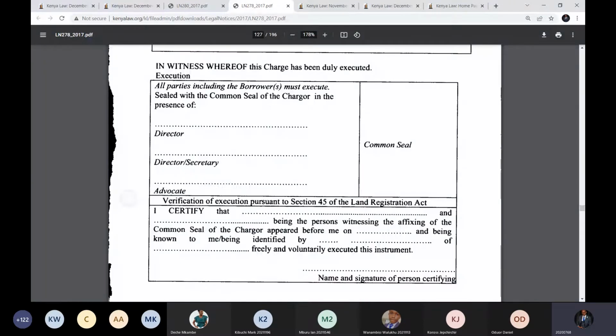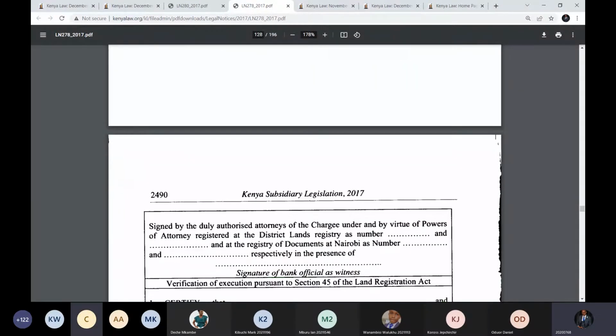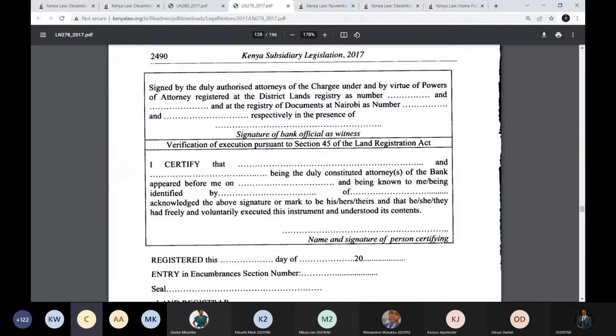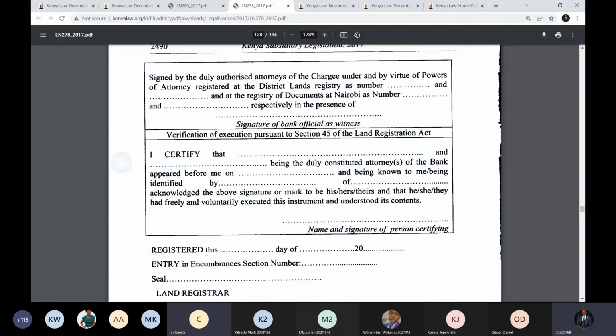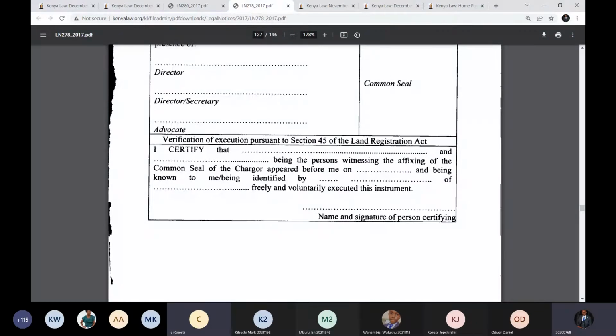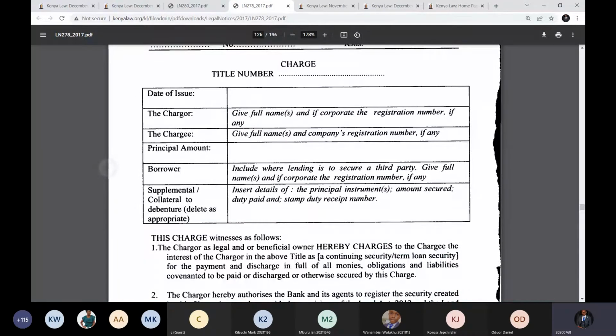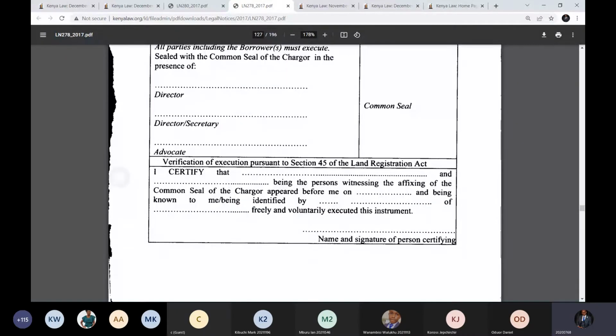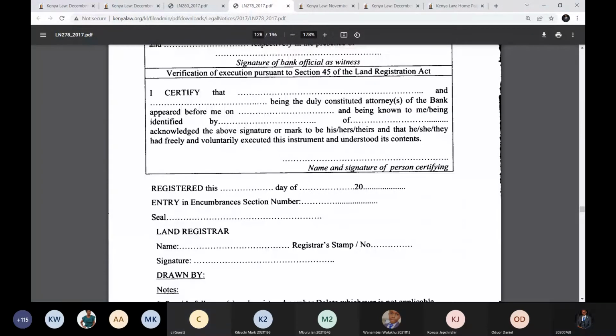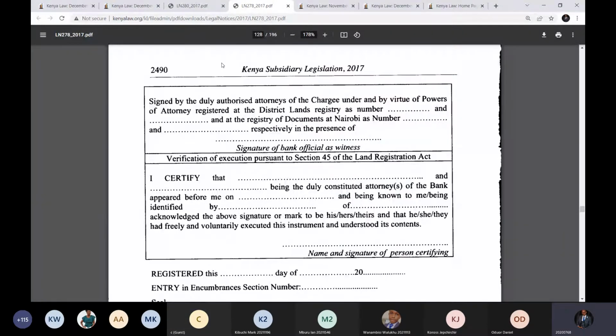No, this is a charge. Oh, sorry, here it is. That's the borrower. I need the chargee. That's the charge. I need the chargee. Okay, it's not here, but in a typical. Oh, here it is. Signed by the duly authorized attorneys of the chargee under and by virtue of the powers of attorney.